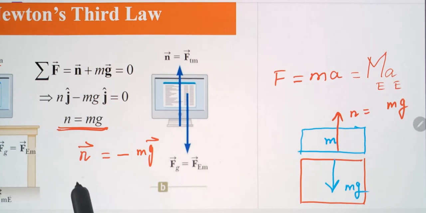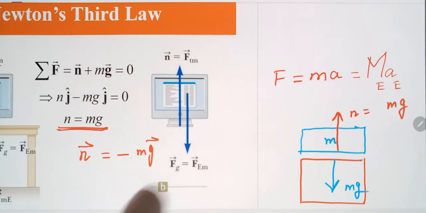Vector: minus 10 Newton downward plus 10 Newton upward. Clear? That's a confusing one. But again, if you talk about vectors, yes, you have a minus sign. If you talk about magnitude, the minus sign disappears, as we derived here.